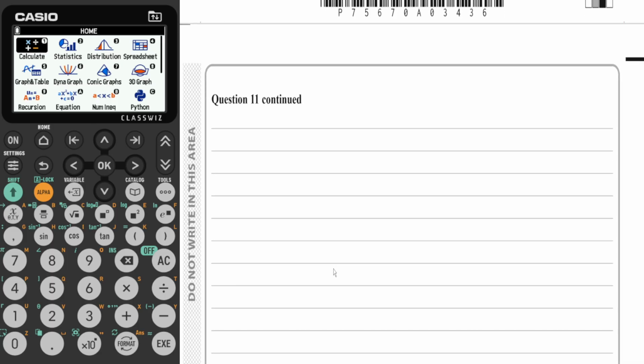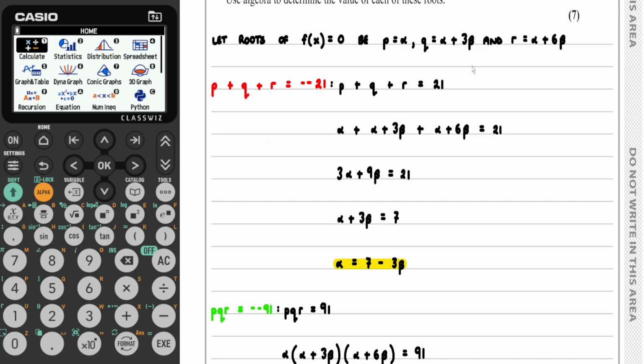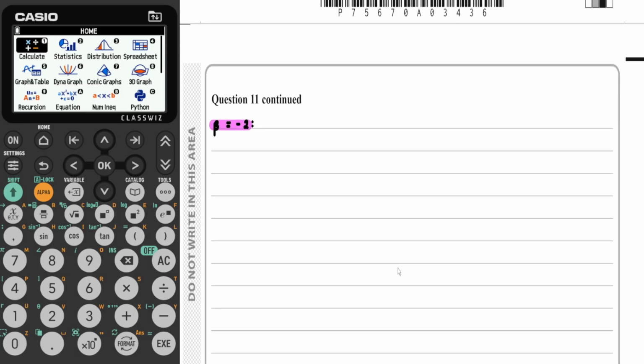Now let's see what happens when we have beta equaling negative 2. What we can do is substitute this back into here where we've got Q and R. And we can also use the equation here where alpha is equal to 7 subtract 3 beta.